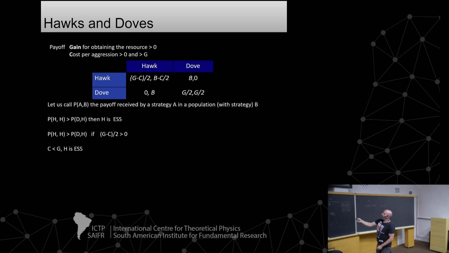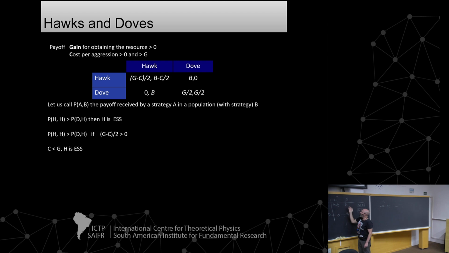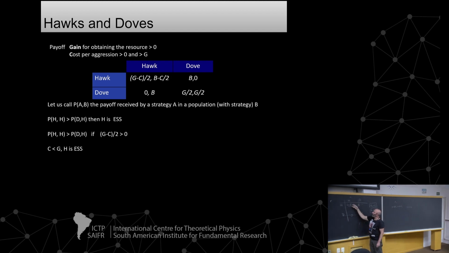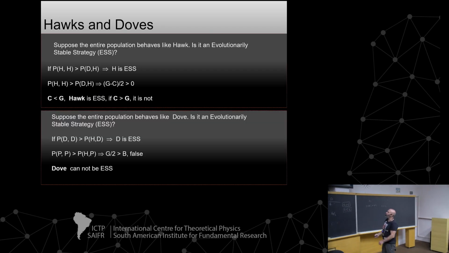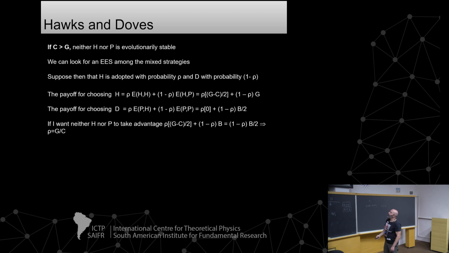So what is written there is what I have explained here. If chi is greater than c, we have one Nash equilibrium, and this is hawk, but we are trying to work with a situation where chi is less than c, so there is no dominant strategy, okay?